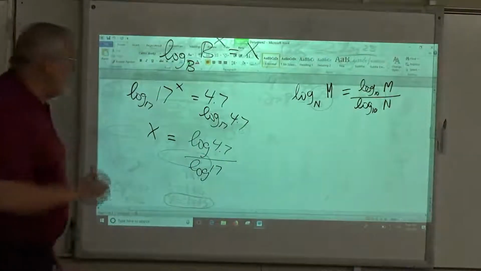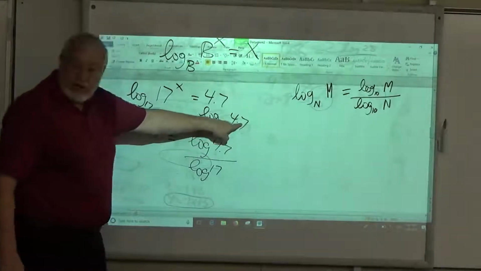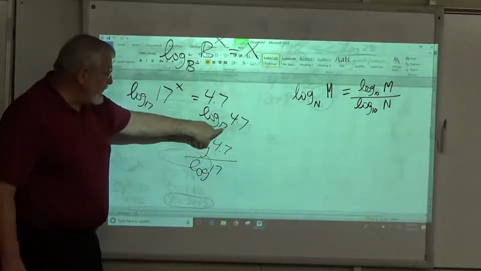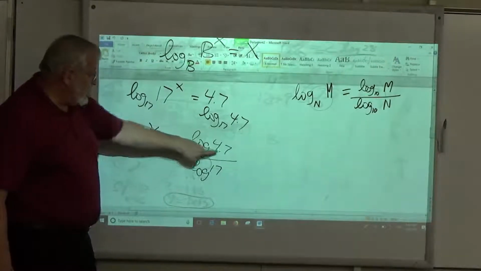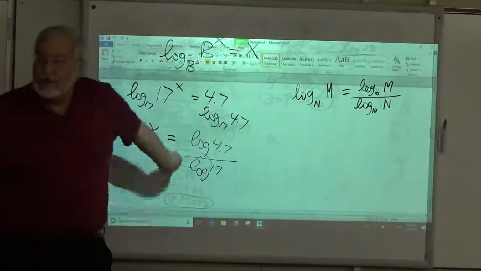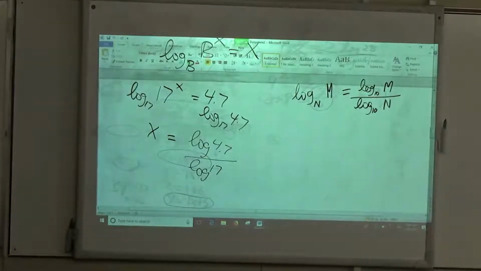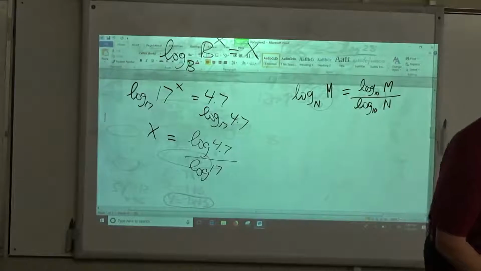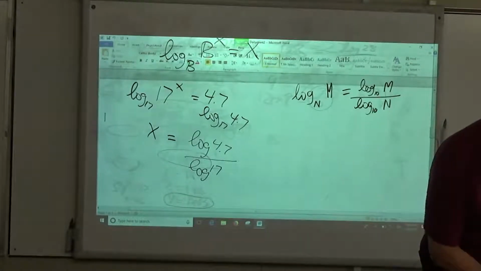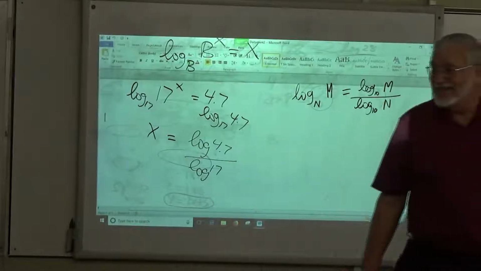But I do have a way to transform that. I take the log of the number and divide it by the log of the base in base 10. So that's going to be the log of the number divided by the log of the base. Put that in your calculator. 5462217. Right?